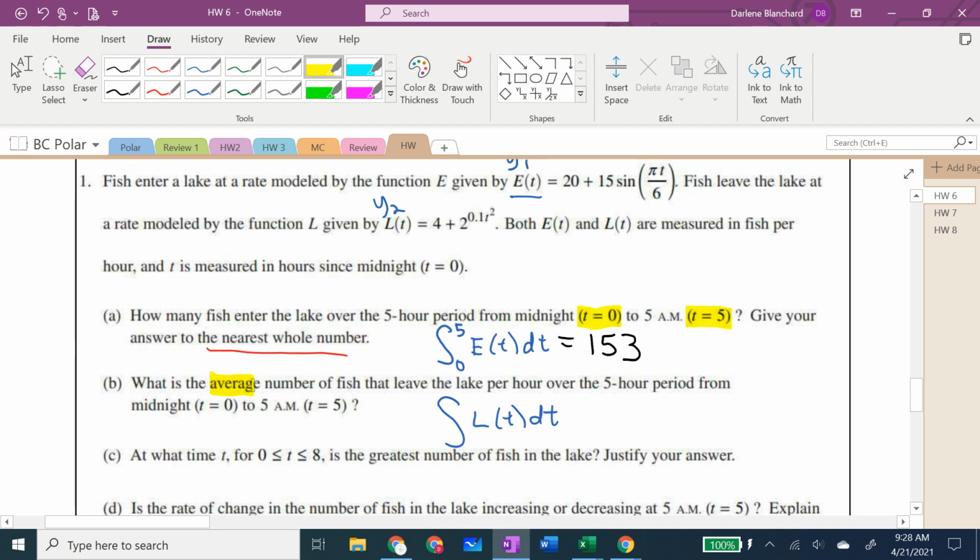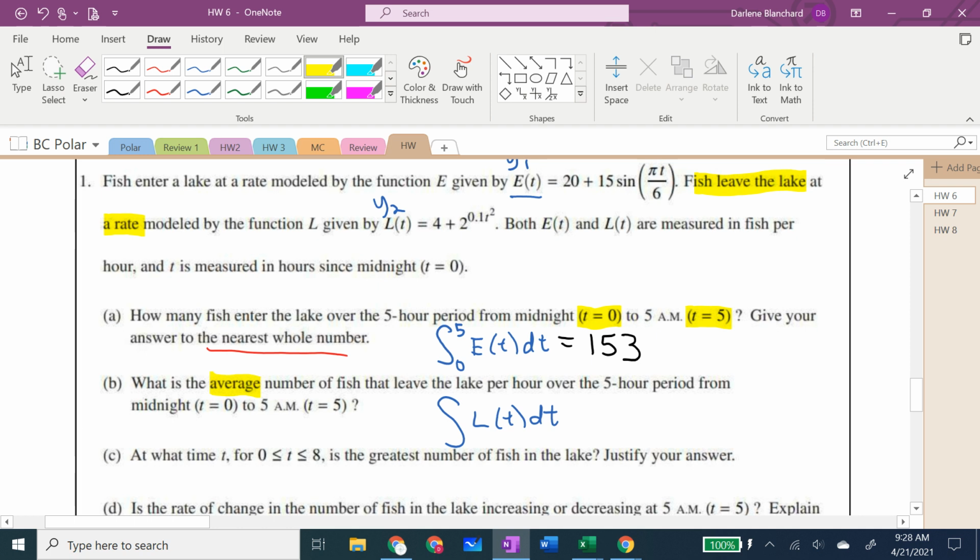They want the average of the number that leave. This is the rate at which fish leave the lake. This is not the number of fish that leave the lake. This wants the average number of fish that leave the lake.